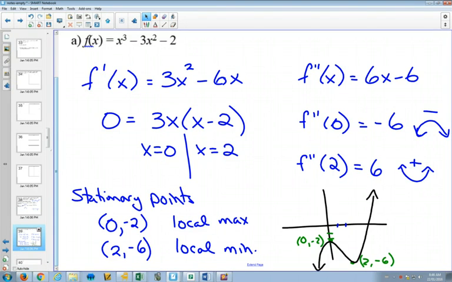So we didn't have to do the first derivative test where we draw our number line, put 0 and 2, and find out where our derivative is positive and negative. If we would have done that, what would we have found? If you plug in a number less than 0 into your first derivative, like negative 5, you get a negative number times a negative number, which is positive, which would have told us our graph is increasing from left to right.